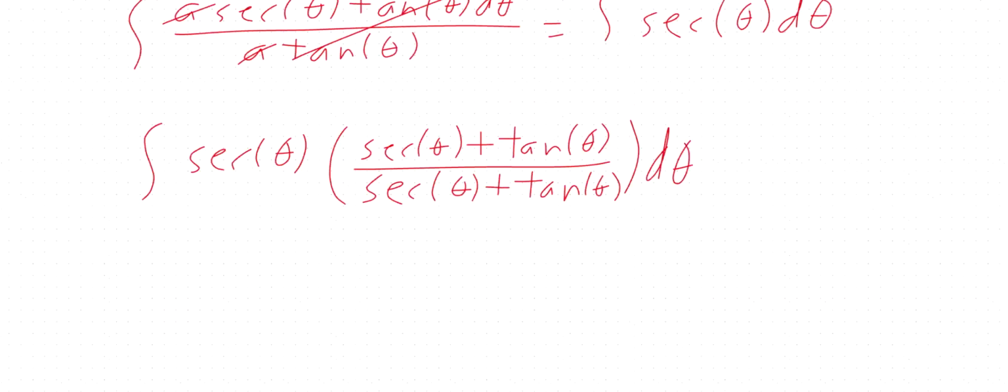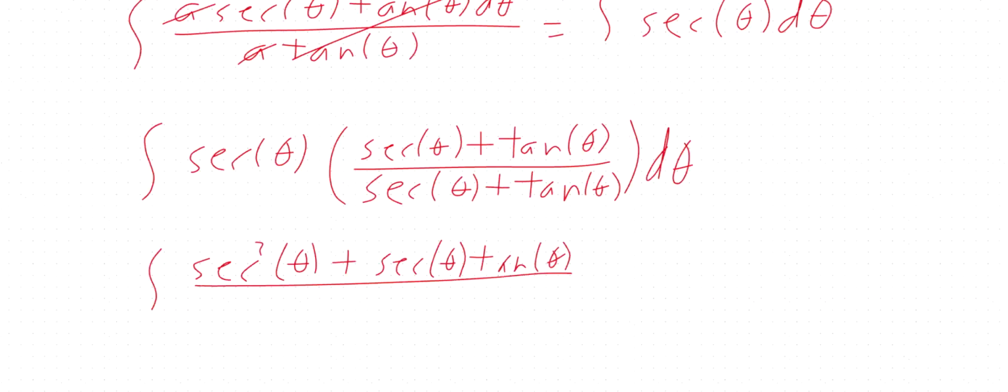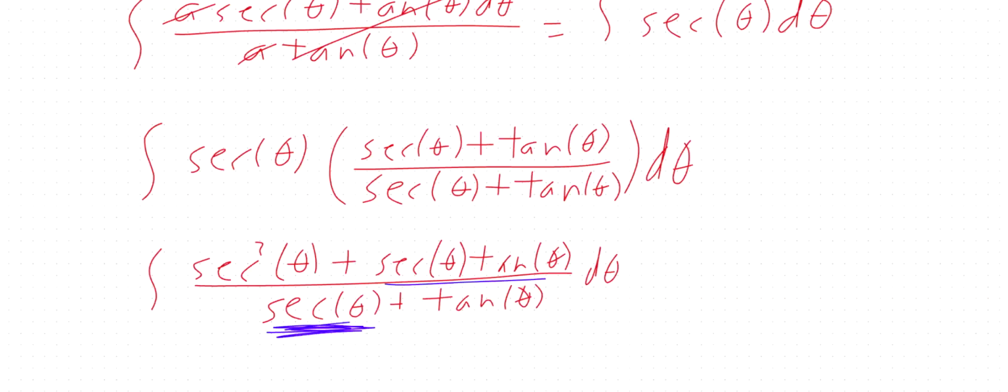And we end up with a secant all over a secant plus tangent. And now, nice u substitution. The derivative of this is right here.